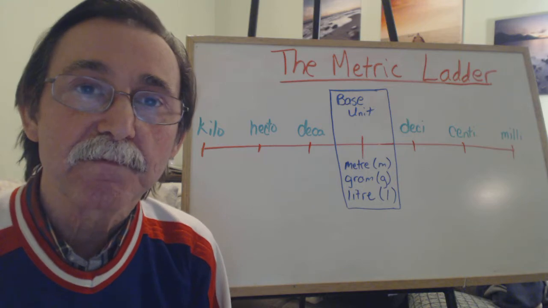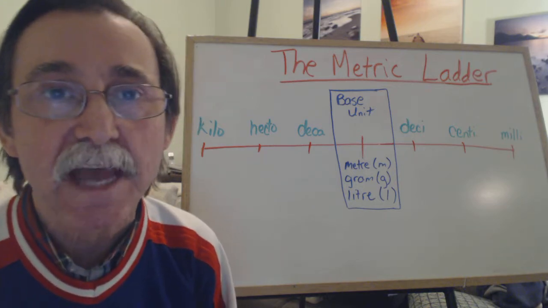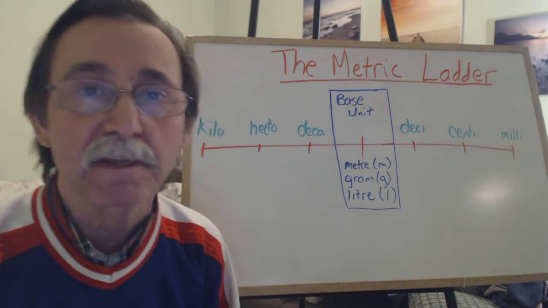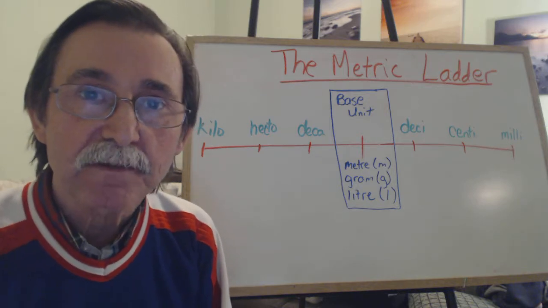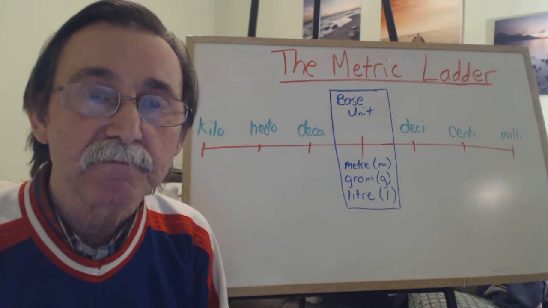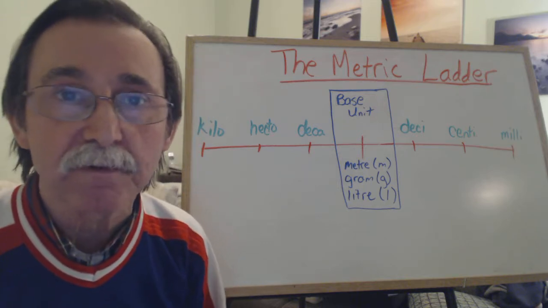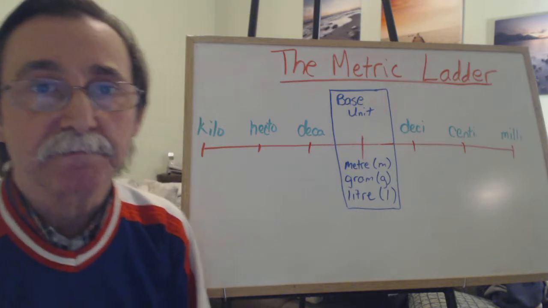So the metric system uses what we call powers of 10. Okay, there's no nines or sevens or anything like that. We're always moving a decimal point, which is basically amounting to multiplying or dividing by 10, 100, a million, a billion, whatever.